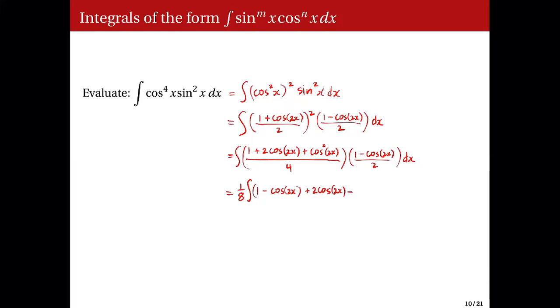So minus 2 cosine squared 2x. And then here cosine squared 2x times 1. So plus cosine squared 2x. And then cosine squared 2x times negative cosine 2x. So minus cosine to the third power 2x. Close quantity, we have the dx in here. Okay?